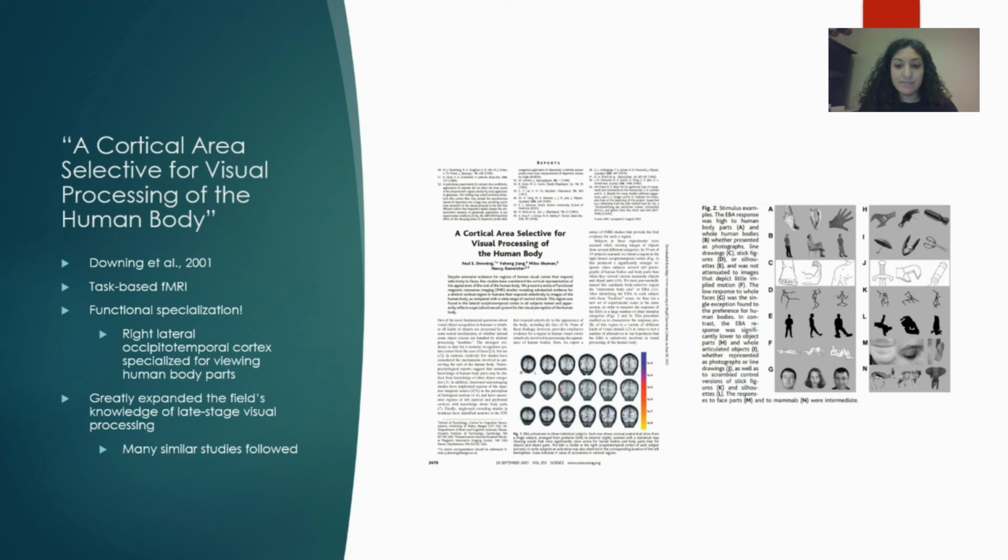In this study, fMRI scans displayed consistent activity in the right lateral occipitotemporal cortex when patients were viewing body parts specifically, but not other objects, leading to the conclusion that this region of the occipital cortex is specialized for the visual processing of body parts.